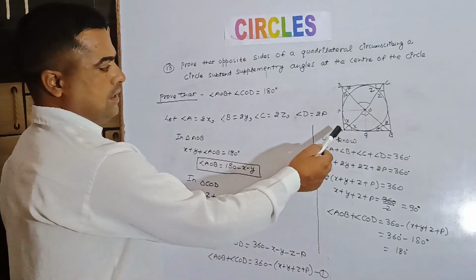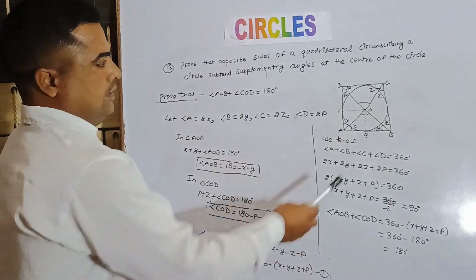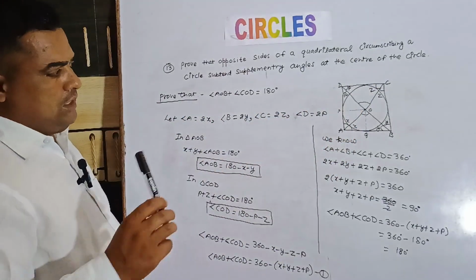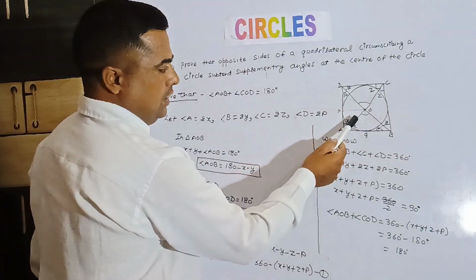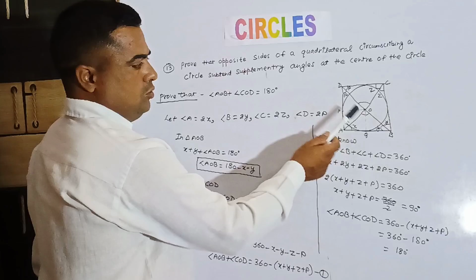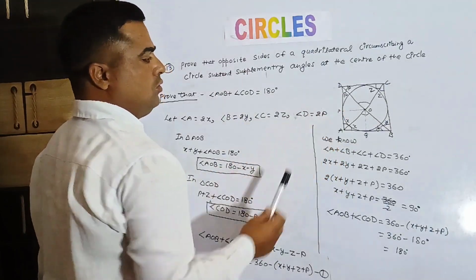Now let angle A be 2x, angle B be 2y, angle C be 2z, angle D be 2p. Students, we know very well these two triangles are congruent to each other. These two radii are equal, OA is common, and these are equal tangents.